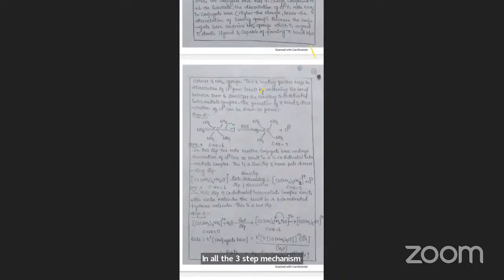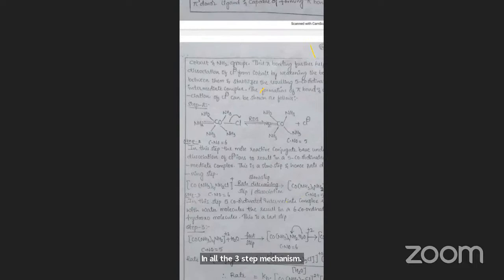So you observe here. Step 1, conversion into the conjugated base. Step 2, loss of Cl. You can observe here, this is the NH2 conjugated base, with 4 ammonias, and Cl is there.